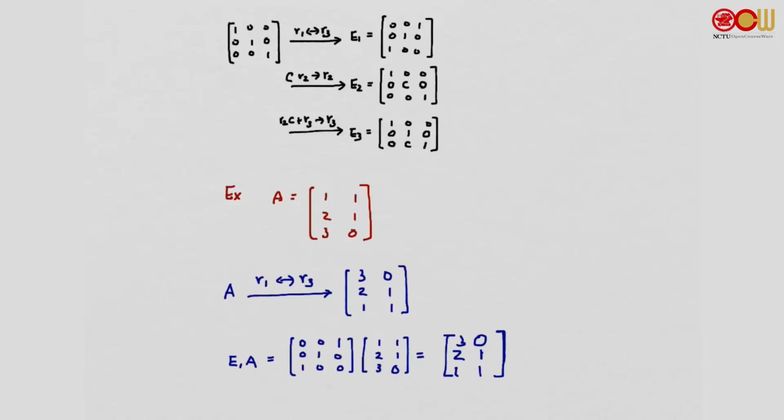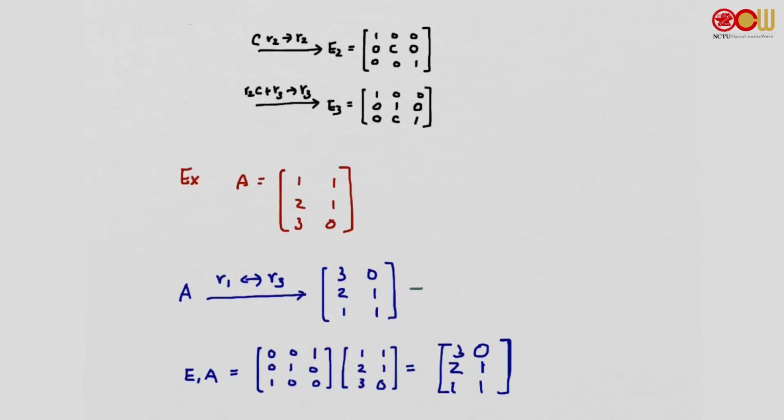So what have we actually done? If we would have taken A and interchanged R1 and R3, this is what we get. So this is the same as if we take our A matrix and interchange row 1 and row 3. So this is the same as taking the matrix product E1 and A together.